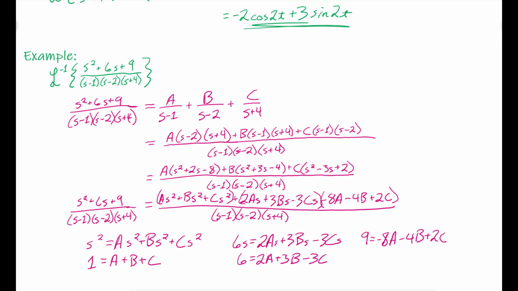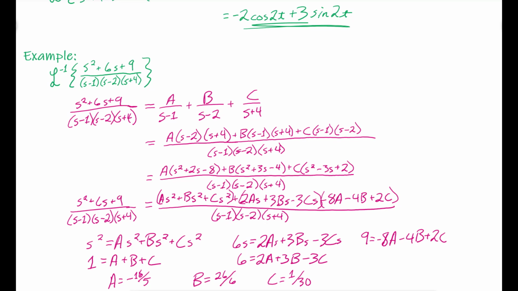Anything you want to solve this, it's fair game. All right, so I'm going to tell you that when you do, you're going to end up with a equals negative 16 fifths, b equals 25 sixths, and c equals 1 over 30.